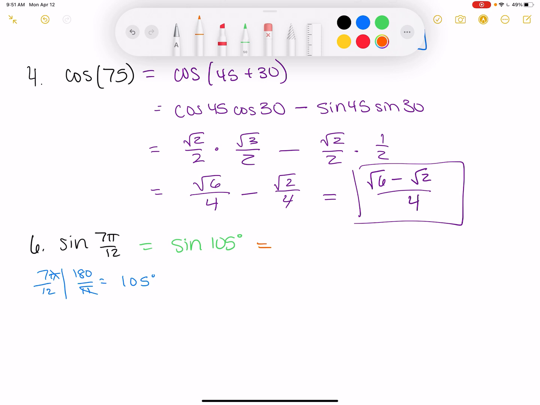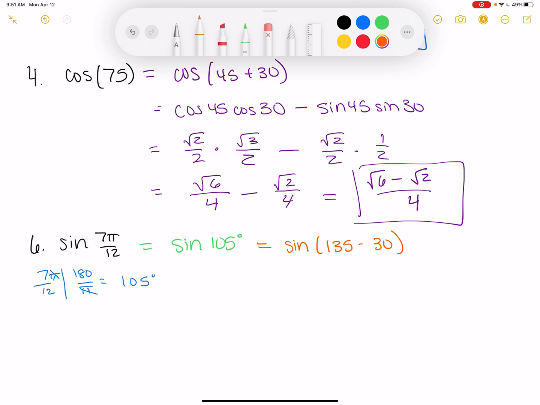Think about some values that I know that would add or subtract to give me 105. Do we know 15? No. So we know 30, 45, 60. What about 135 minus 30? That works. So the sine of 135 minus 30. We agree that gives us 105.